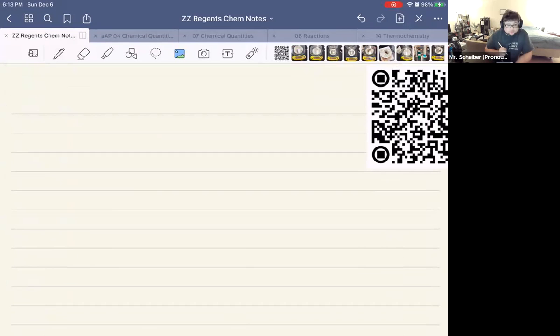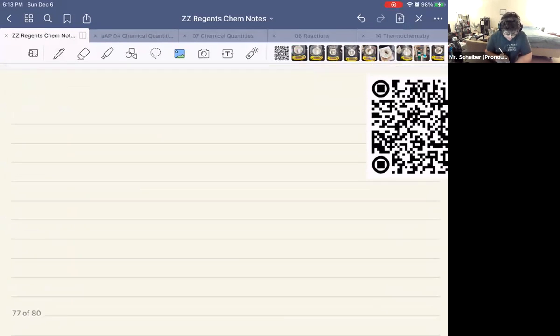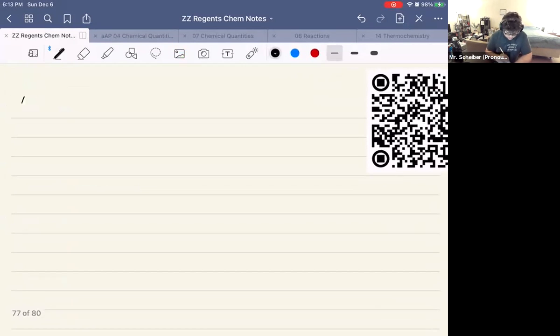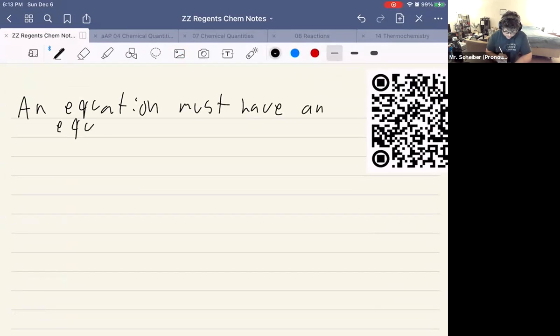So, an equation in math. We know that an equation must have an equality. And yes, I use the word equation and equality in the same sentence, so that doesn't help us too much. But if I said that we have 6 plus 7, this is not an equation.